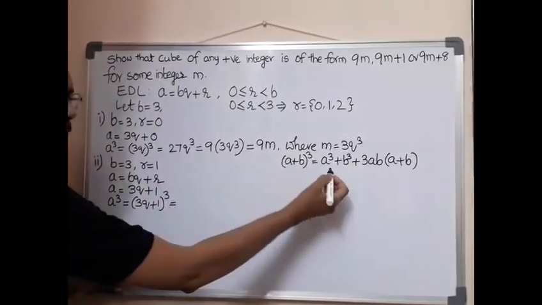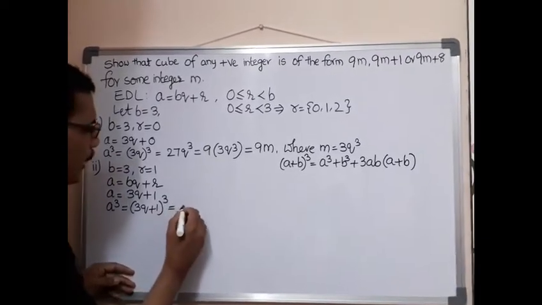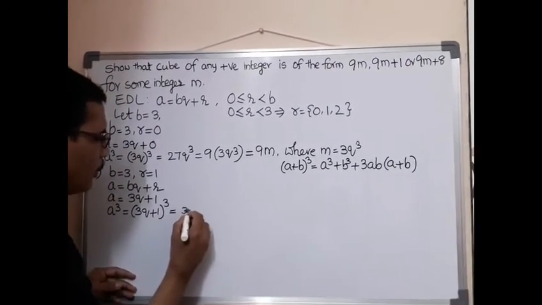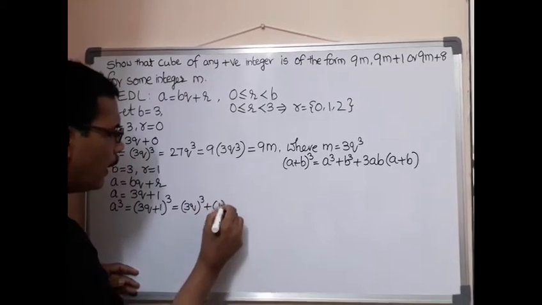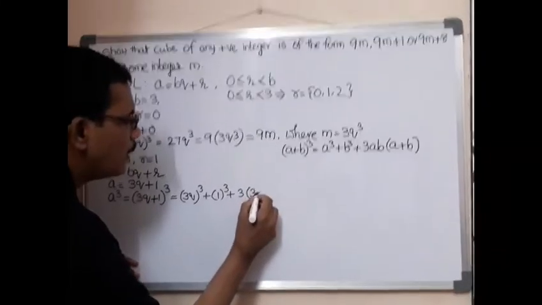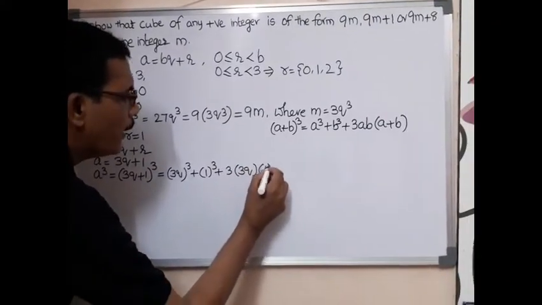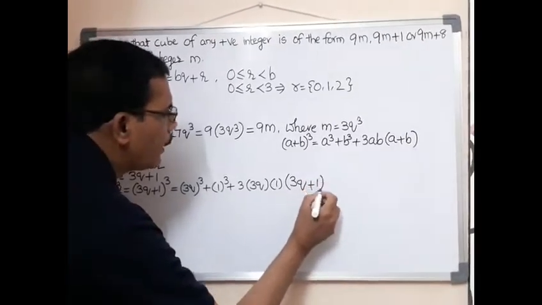So using this formula I am expanding this. So it will become 3q whole cube plus 1 cube plus 3 into 3q into 1 of 3q plus 1.